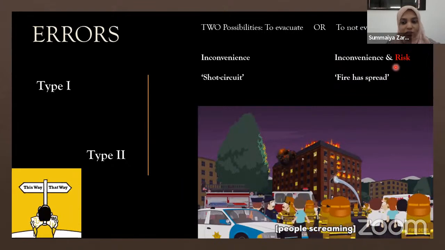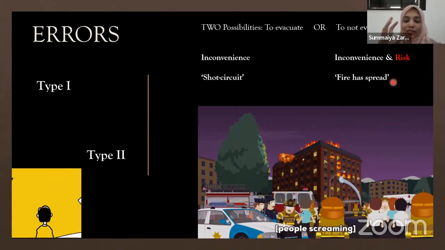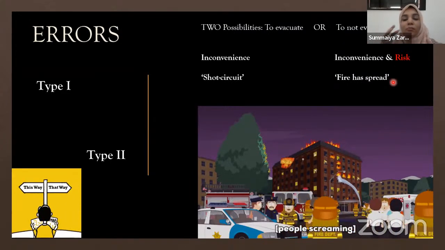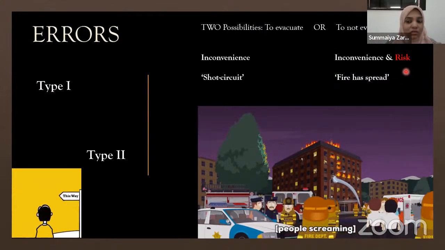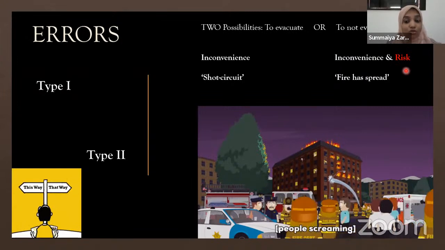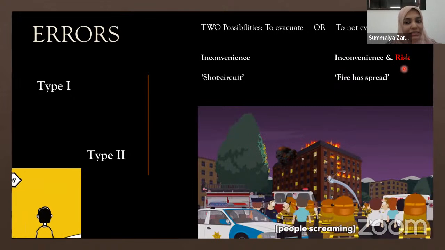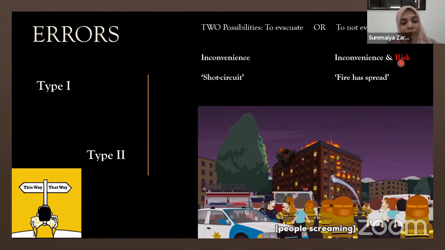So you're actually risking your life. In both possibilities, inconvenience is common, but the risk is far greater in the second situation, where you chose not to evacuate. This possibility is the type 2 error.